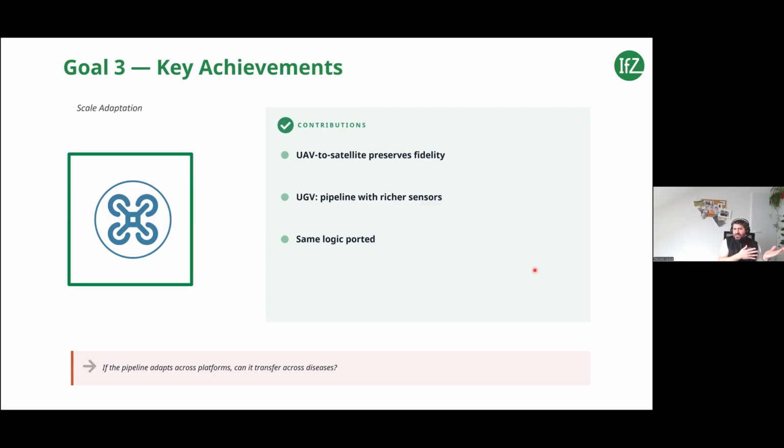The work that we did used only synthetic data. We don't use real satellite data. And the robot, UGV and satellite results are a single time point demonstration. We don't do multi-temporal tracking between the platforms.